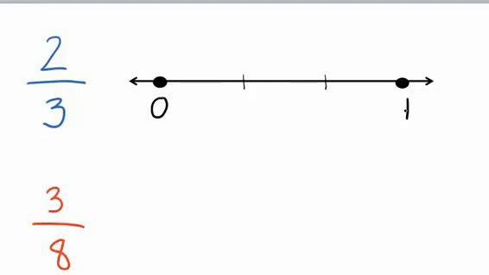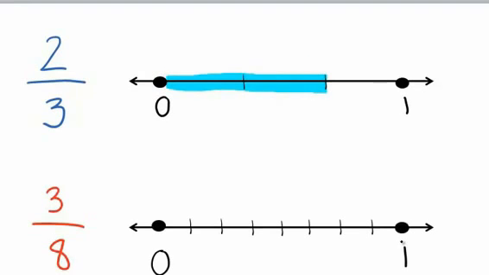The whole is split into 3 equal parts. 1, 2, 3. That's why our denominator is 3. The numerator 2 tells us that 2 of the 3 sections are shaded in. 1, 2. So this now shows us 2/3.